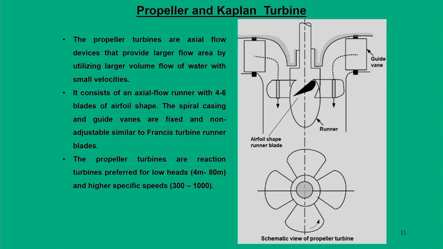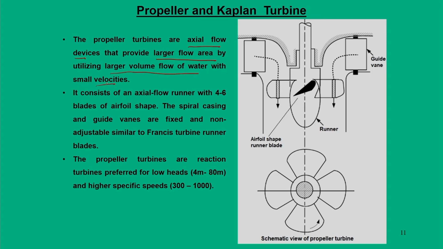Then we will move to the next type of turbines, which is propeller or Kaplan turbines. Propeller turbines are generally axial flow devices. They are preferred for axial flow, and the main intention is to provide a large flow area, utilizing a larger volume of water at small velocities.